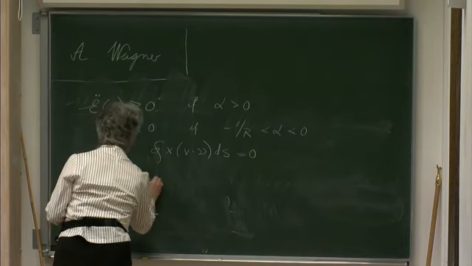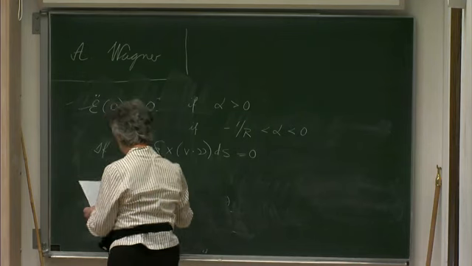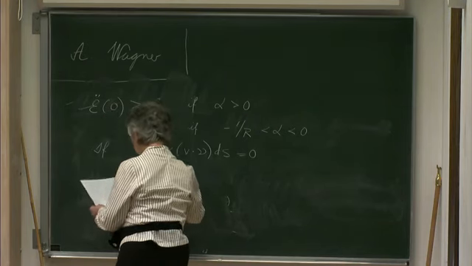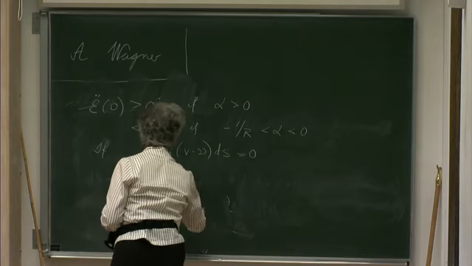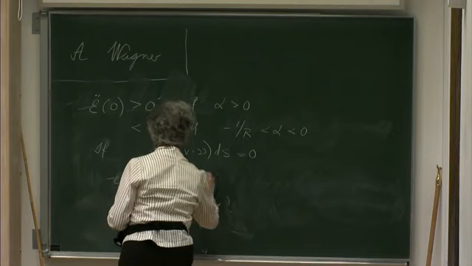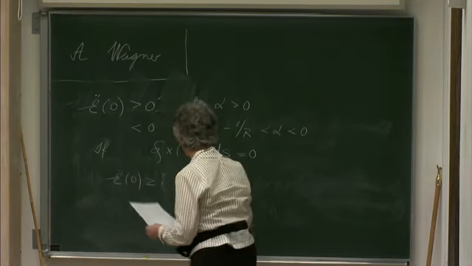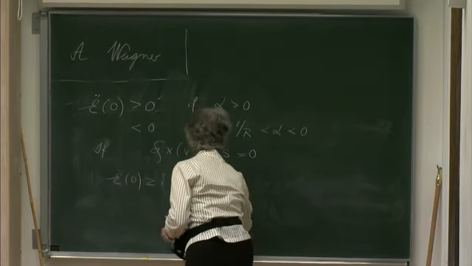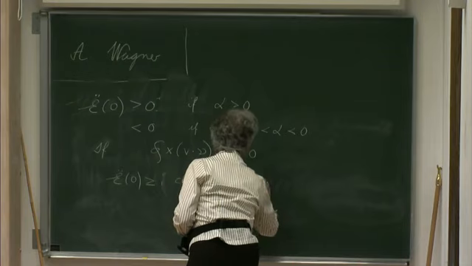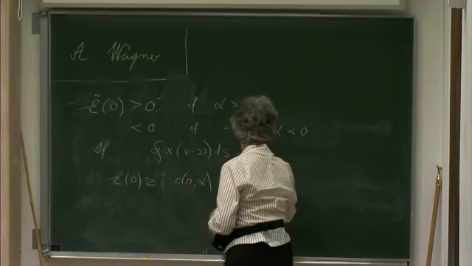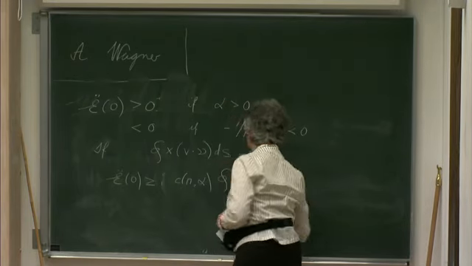for a better estimate, namely a constant which depends on n and alpha, which is strictly positive, times the integral of nu times v squared ds.